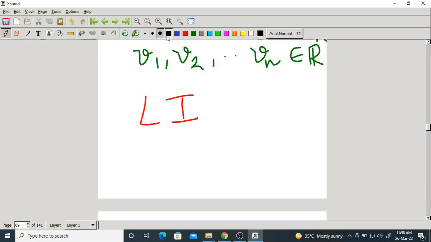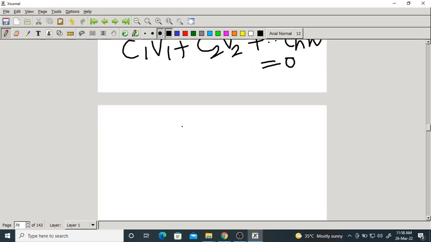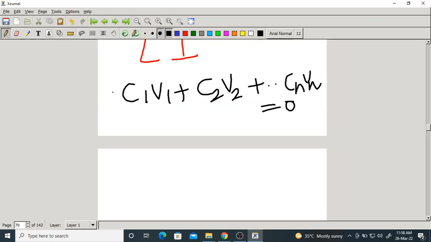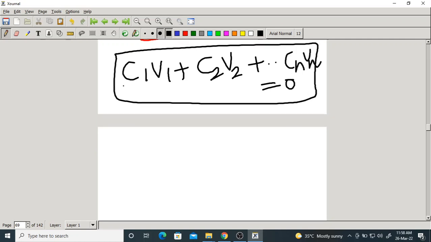If you take the linear combination of these vectors, C1 V1 plus C2 V2, so on, Cn Vn, it should be equal to 0 if and only if C1 equals C2 equals Cn equals 0.